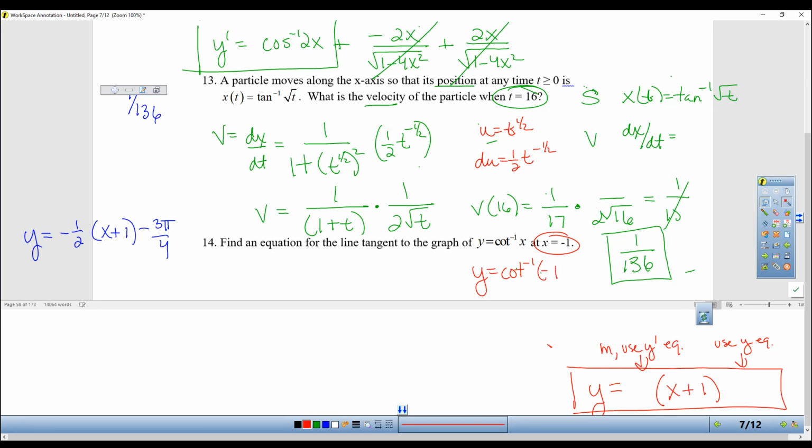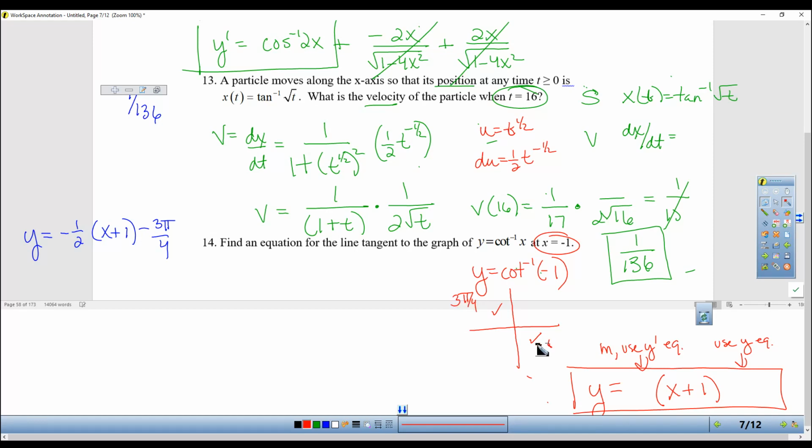This is actually a little bit tricky because you've got to figure out when cotangent is -1. This is a lot of pre-calculus. Cotangent is negative in quadrants 2 and 4. So it's either the 2 or 4 answer, and it happens at pi-fourths.